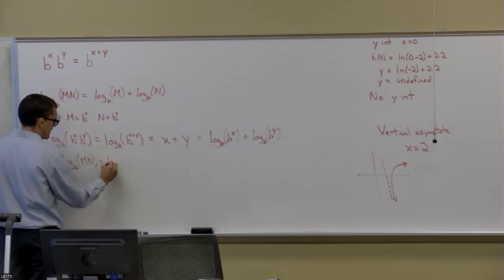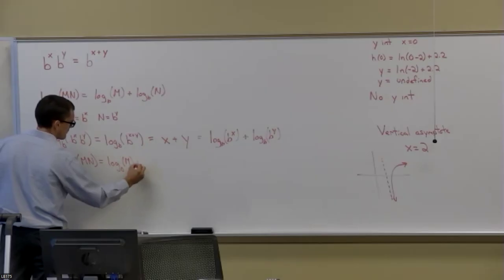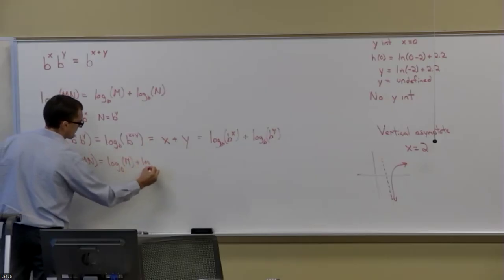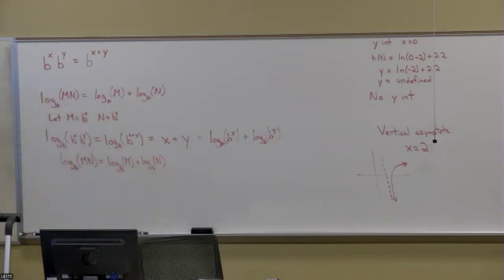On that side, log base b of m plus log base b of n. Make sense? So this is the logarithmic version of the product rule of exponents. That's all I'm getting at.